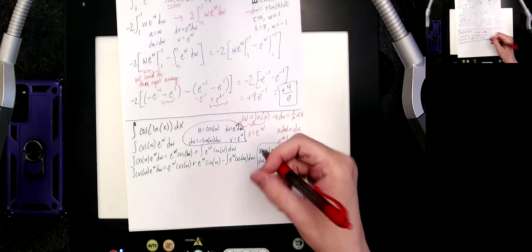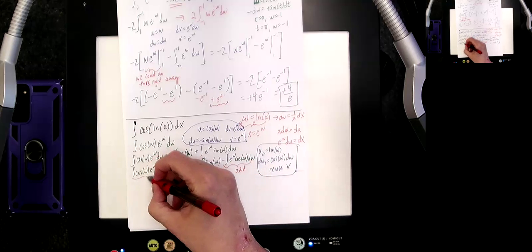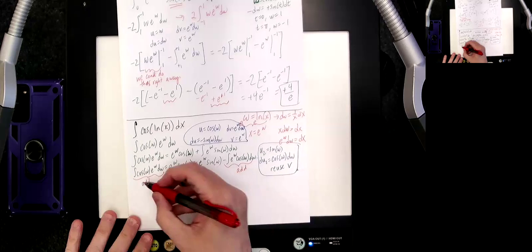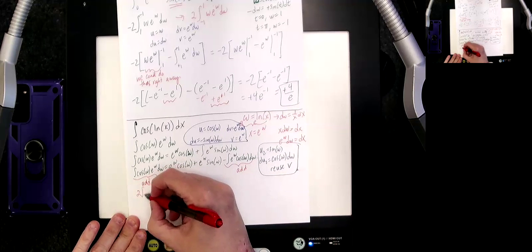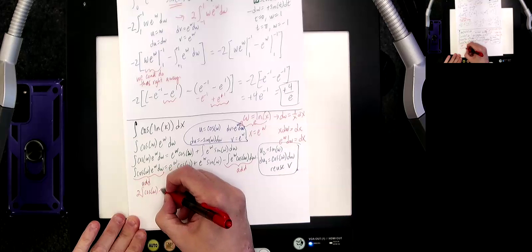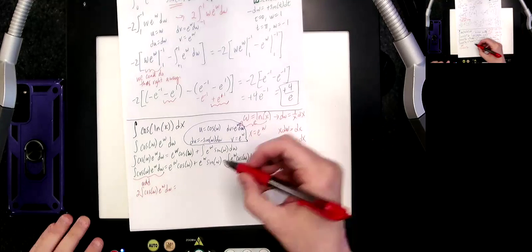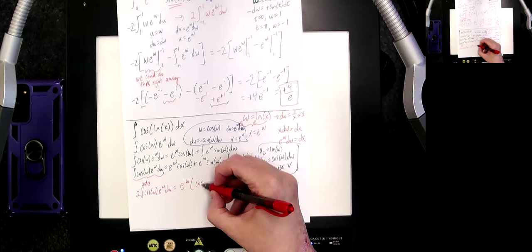So we can add this to both sides, and we get two of them. And I'm going to factor out the e to the w on the right.